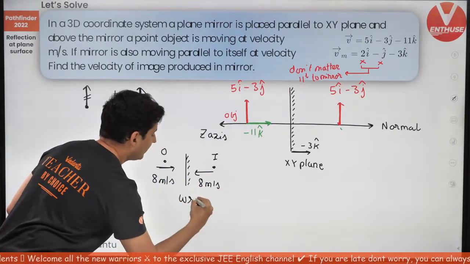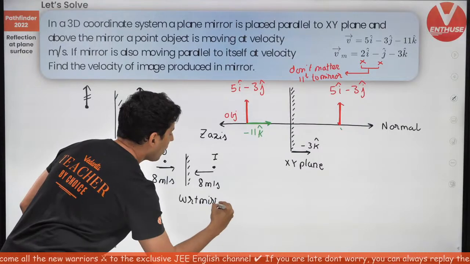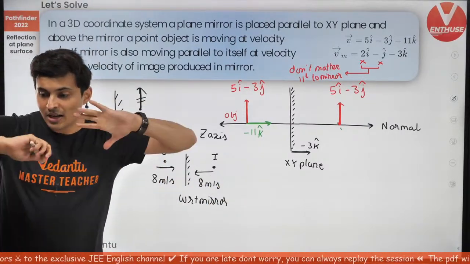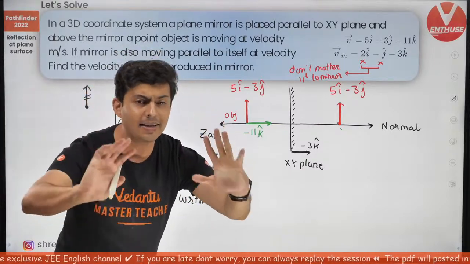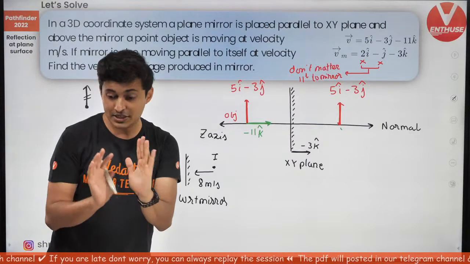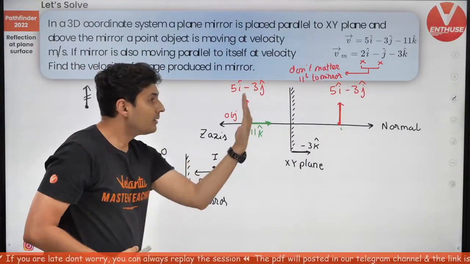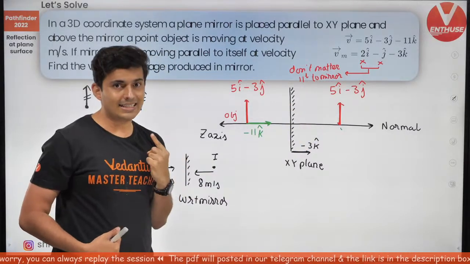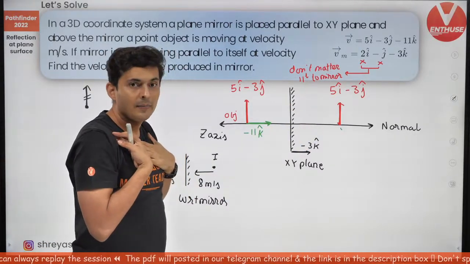This is all with respect to the mirror, 8 meters per second this way. Got it? Now last step. Understand this step properly, my warriors. The image goes 8 meters in 1 second with respect to the mirror.